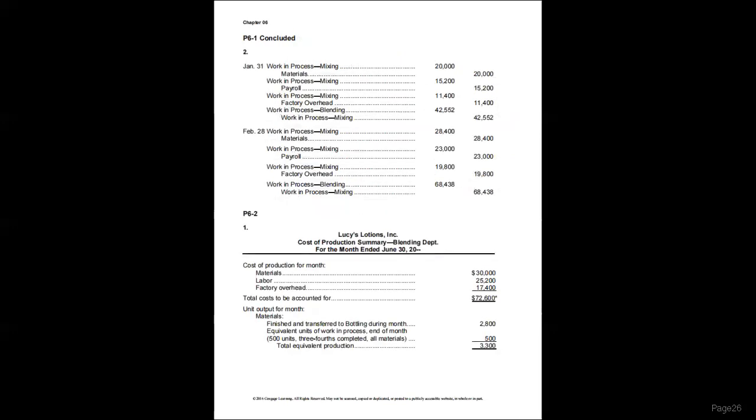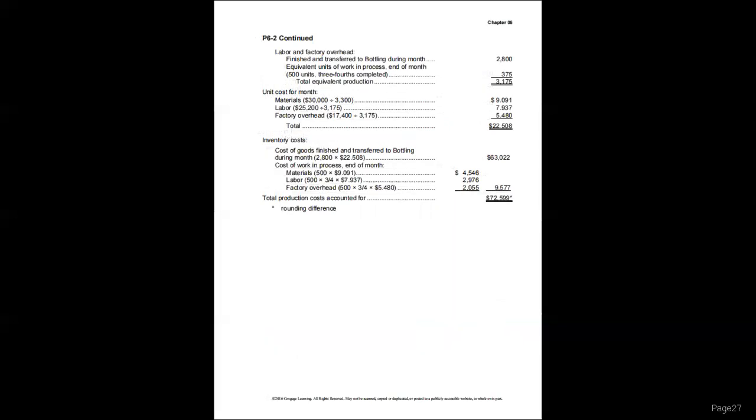So we now have 2,800 units in the blending department. And we have the cost per unit here of 22.508. Then we add the cost of the work in process at the end of the month. Materials, 500 times 9.091.